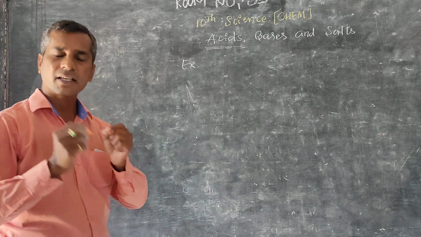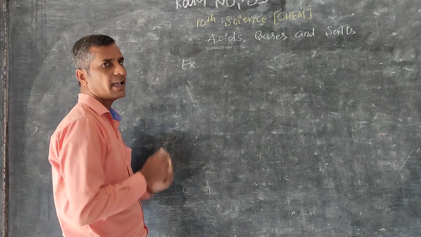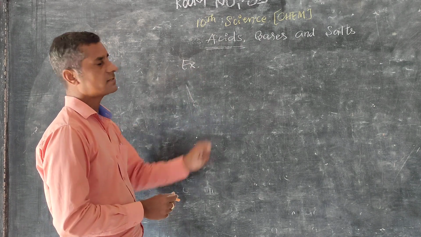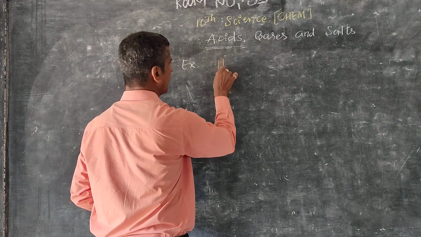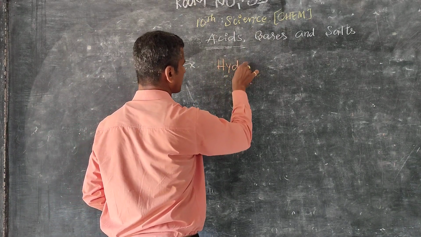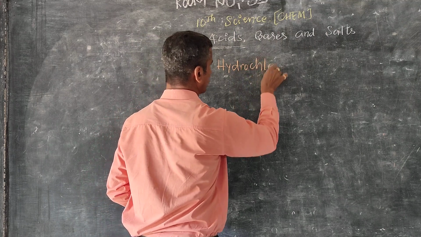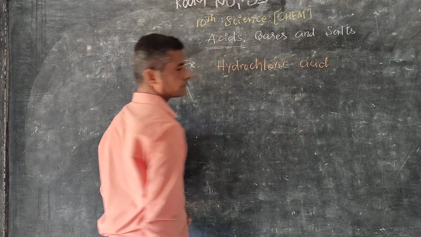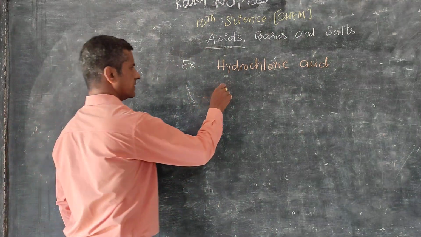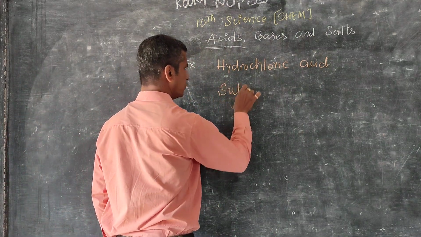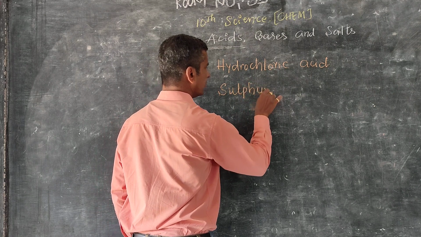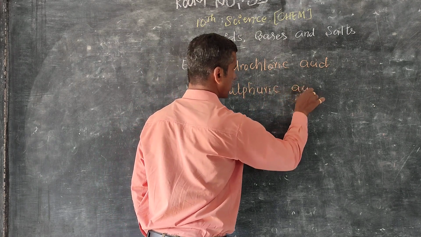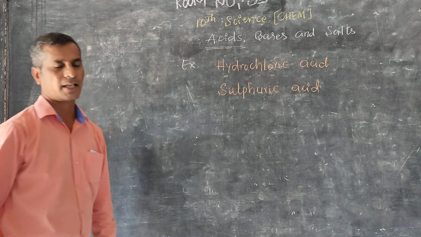Yes, you are right. Your guessing is correct. The important acids, the examples for acids, number 1 is hydrochloric acid. Next, the second example, yes, you are right, that is sulfuric acid.